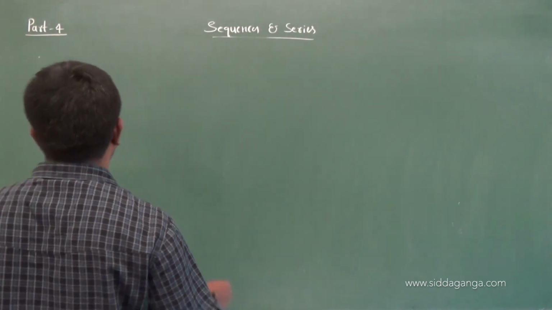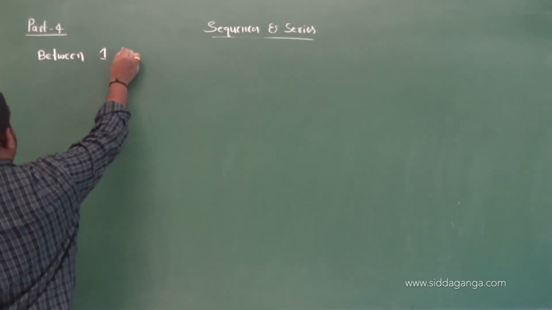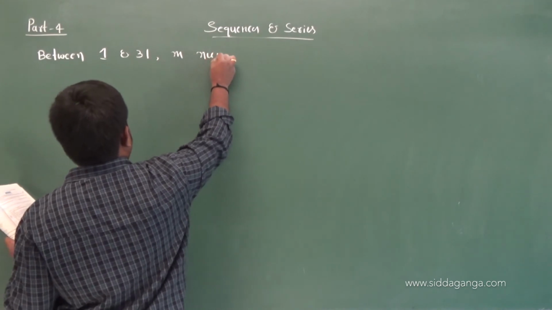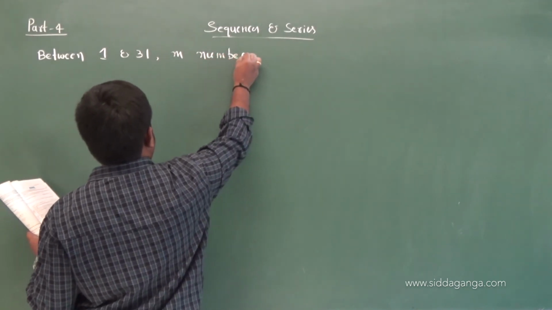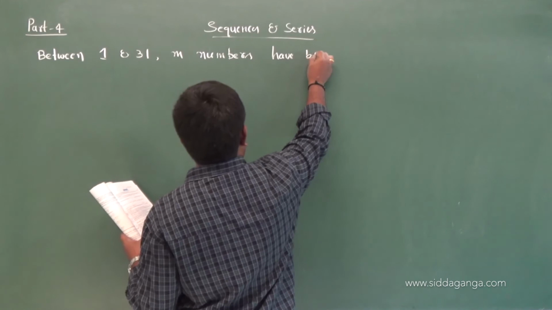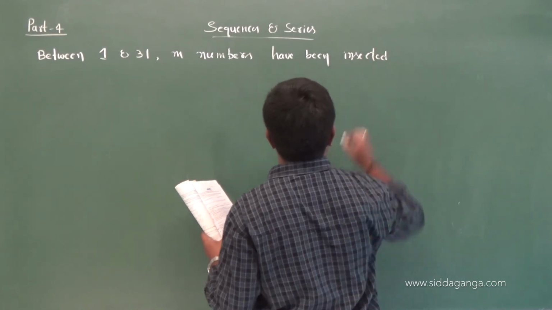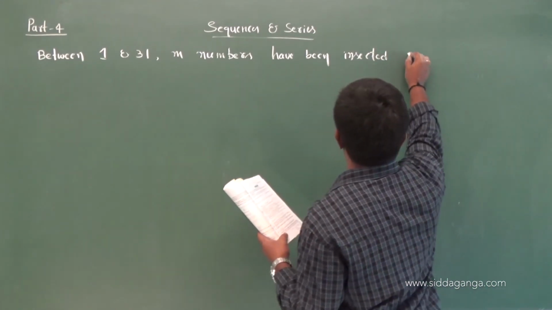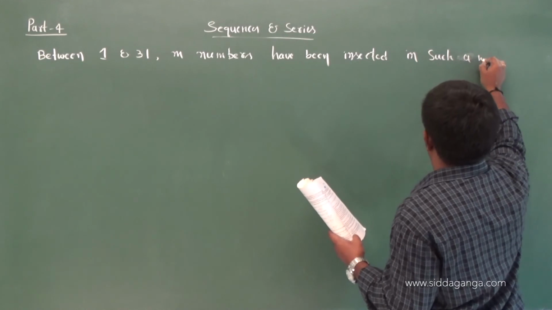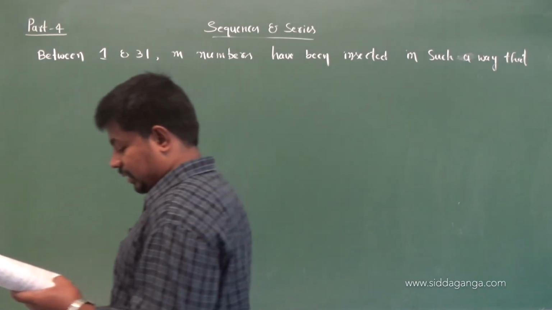Between 1 and 31, m numbers have been inserted in such a way that the resulting sequence is an AP.